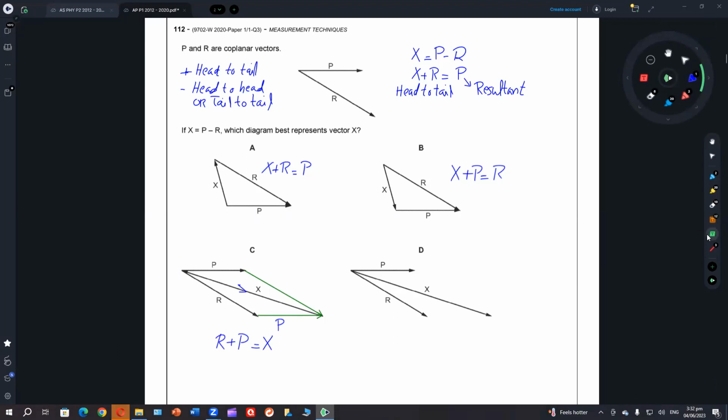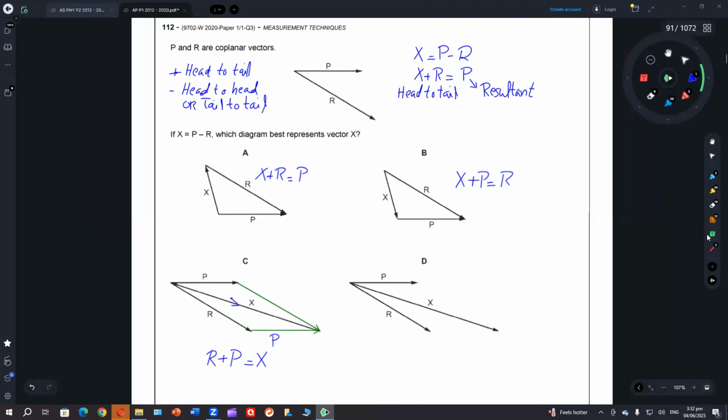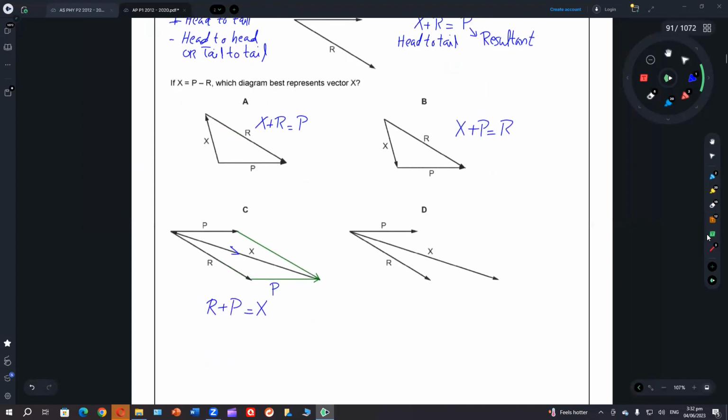I don't know what's the difference between, if I'm making a mistake, what's the difference between C and D?